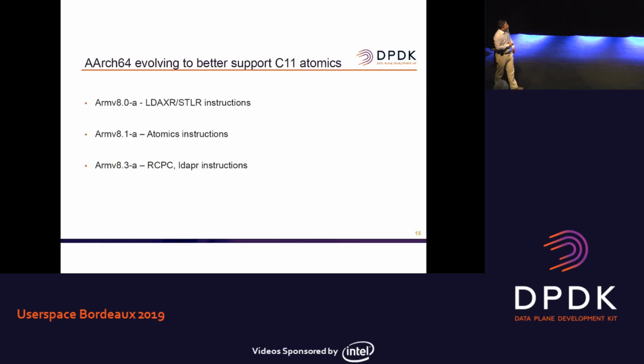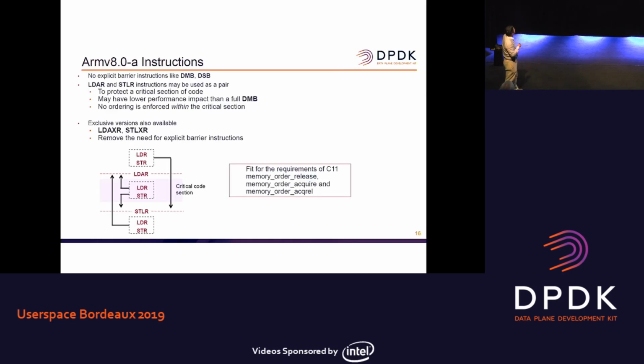So let's talk about how ARM64 is evolving to better support C11 atomics. In V8.0, we introduced the load acquire exclusive register instructions and the store release exclusive register instruction.